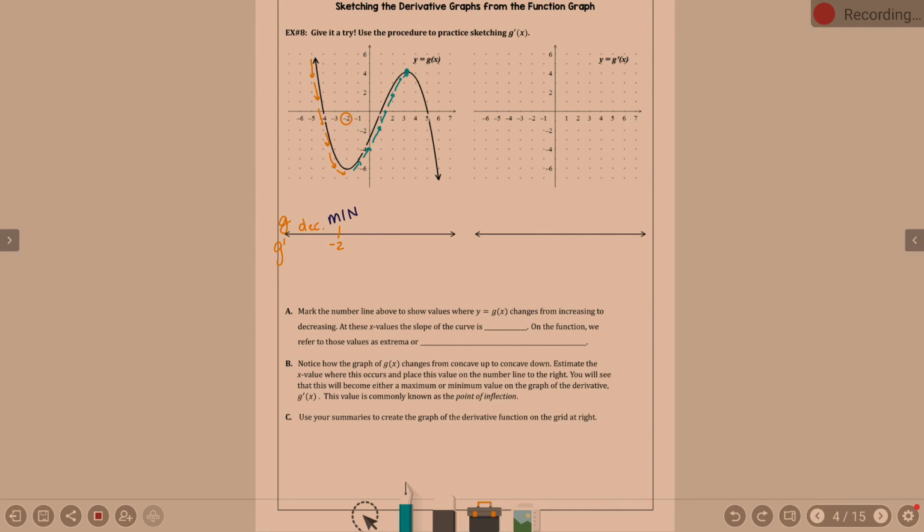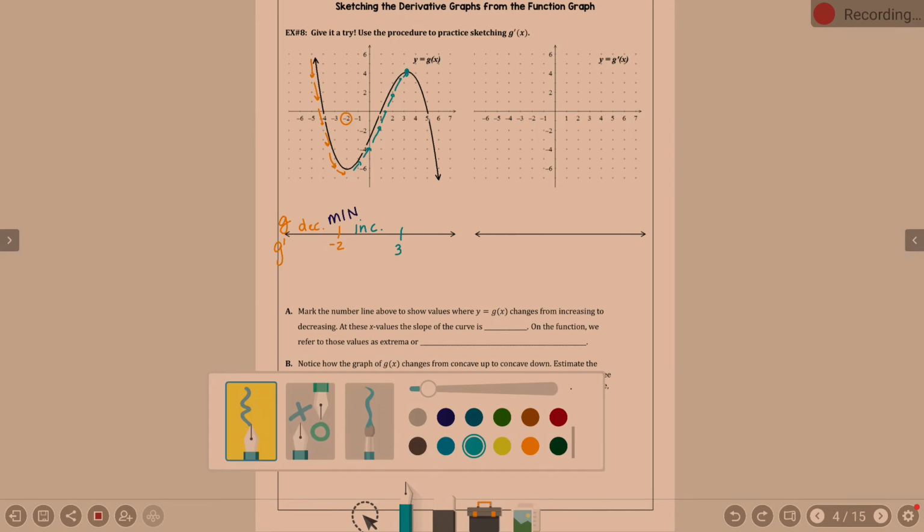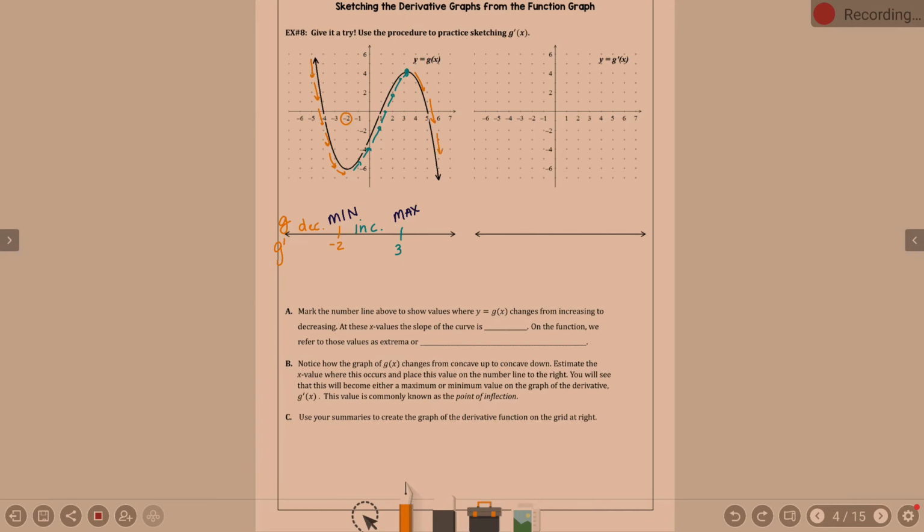You want to use 3 or you want to be a little more specific? 3, as long as you realize it's not officially 3. Okay. So we were increasing to get to 3. What is that at 3? That is a max. And what do we do after 3? Again, you are decreasing.